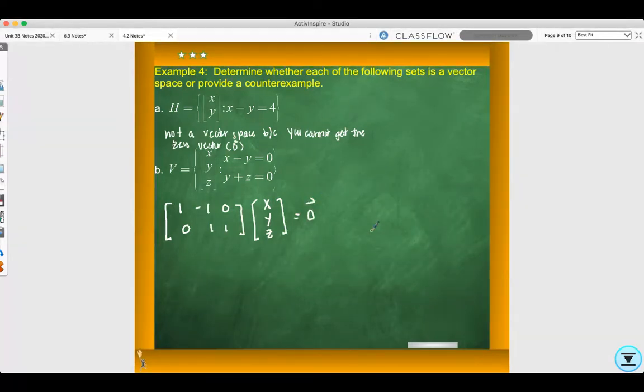And (x, y, z) is the null space, or null A, which is a subspace of R3. Therefore, it's a vector space because we can get Ax equals 0. So this is a vector space.